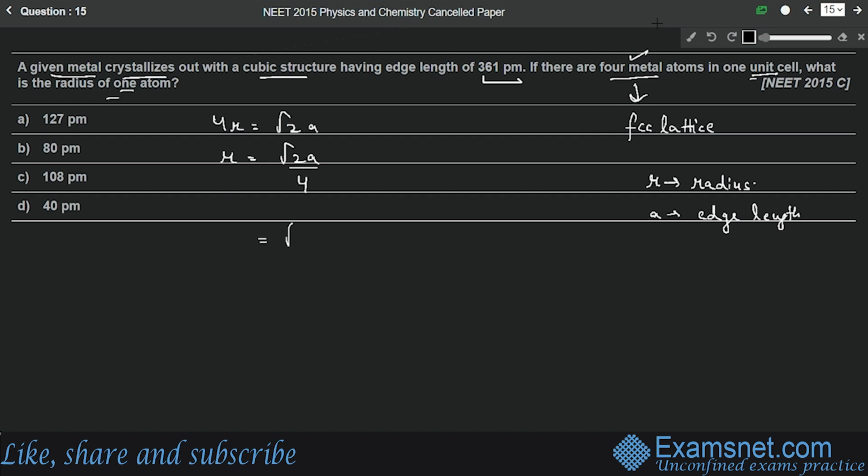So let's put the values: root 2 into a, that means edge length is given 361 picometer divided by 4. If we divide 361 by 4, you will get 90.25. Okay. So it is 90.25 into root 2. Root 2 is equal to 1.414. On solving this, you'll get 127 and the unit will be picometer. So option A will be the correct answer.